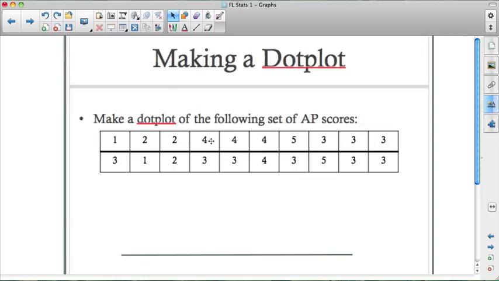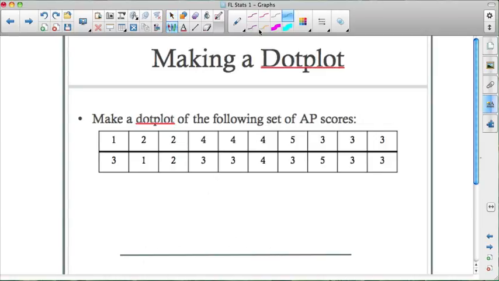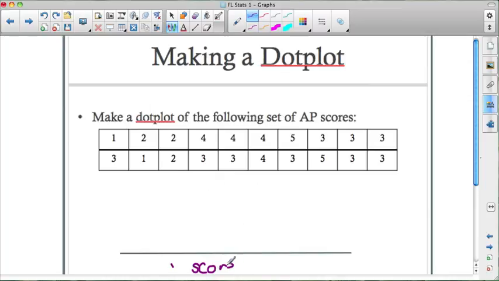We're going to make a dot plot of this set of data. This represents a set of AP scores. So I have our horizontal axis down here, and I'm going to start by labeling it. This represents AP scores, so I'm going to write scores. And my values range from 1 to 5, so I'm going to label those.